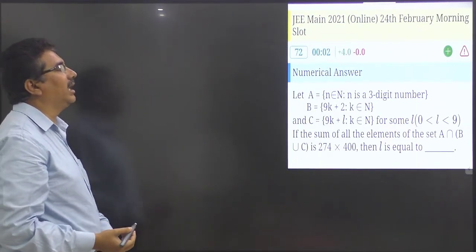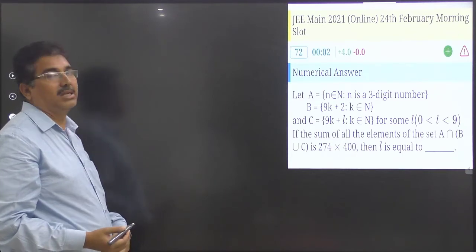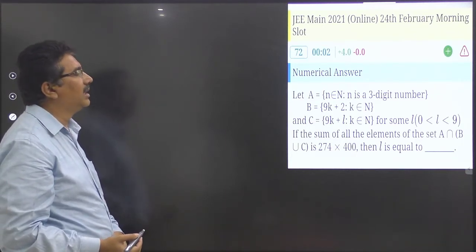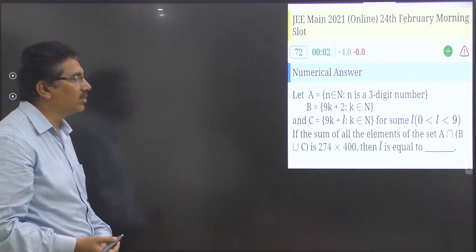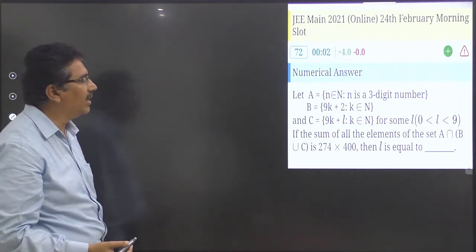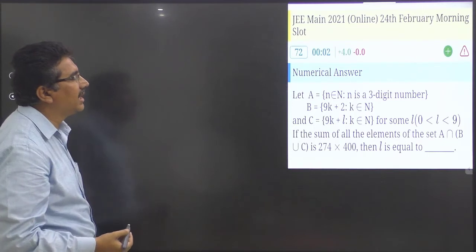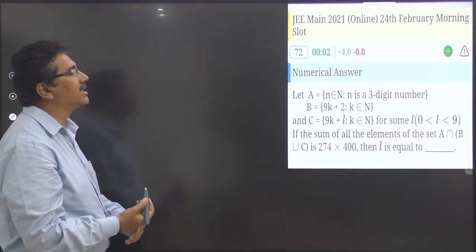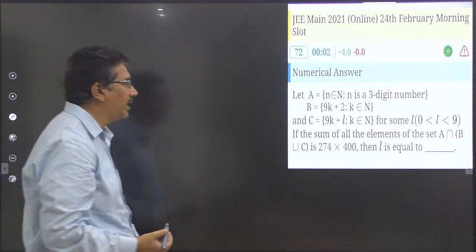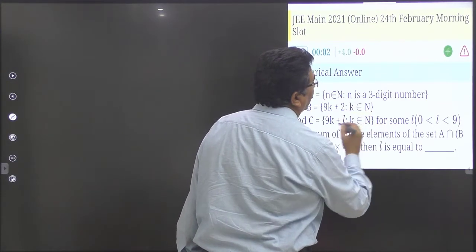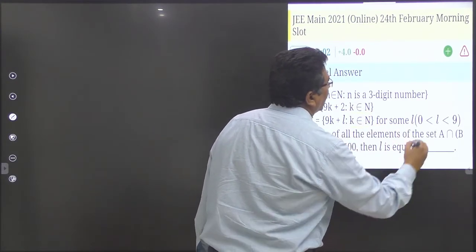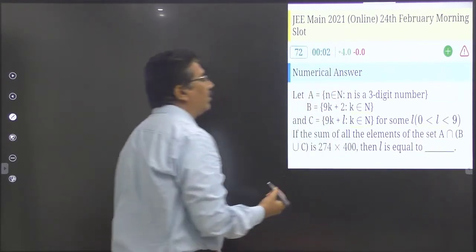Set A contains 3-digit numbers, set B contains numbers of the form 9k plus 2 where k belongs to N, and set C contains numbers of the form 9k plus L where k belongs to N, N denoting natural numbers, and L lies between 0 and 9.